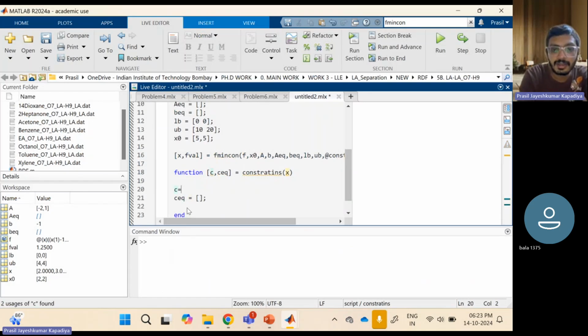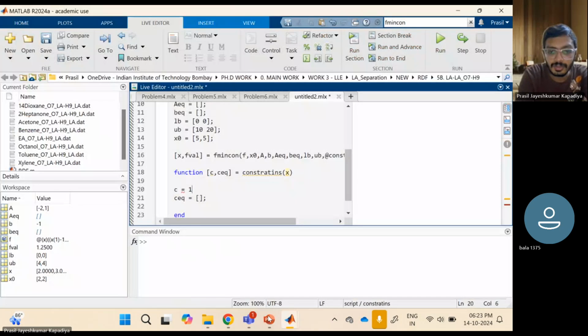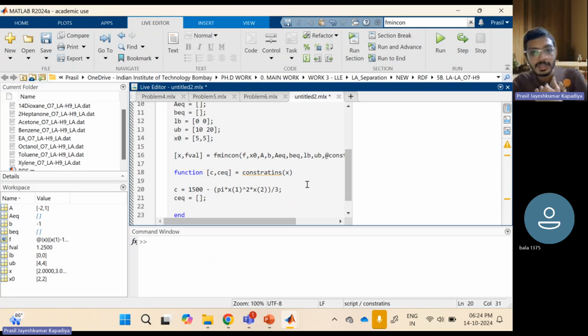And C is equal to 1500 minus pi into x of 1 whole square into x of 2 divided by 3. Following these constraints. This spelling is wrong, constraint. I hope this is correct.